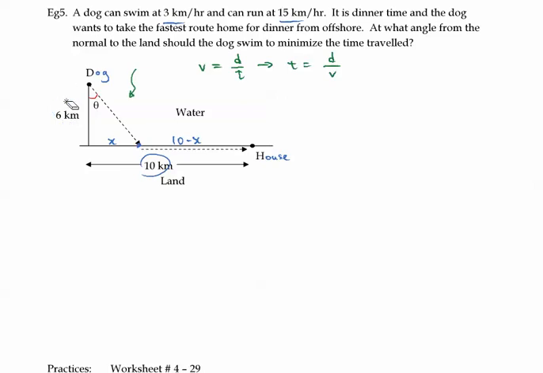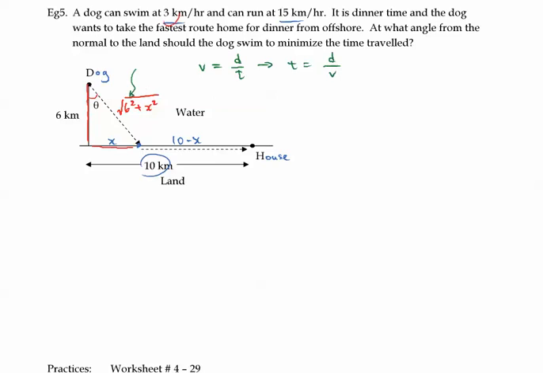With 6 km on one side and x on the other side, the distance traveled by the dog would then be this, using the Pythagorean theorem.